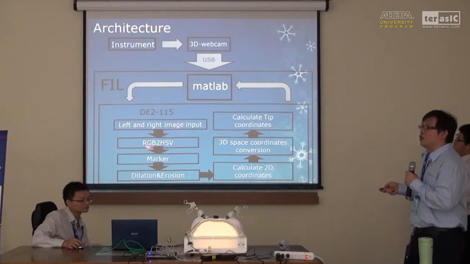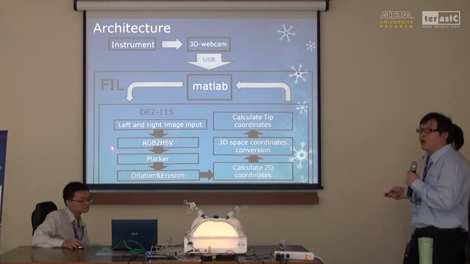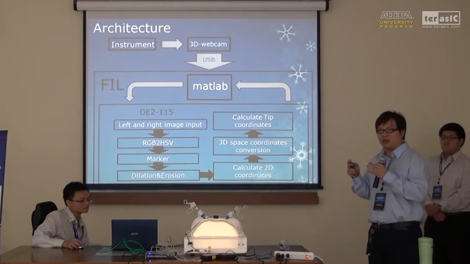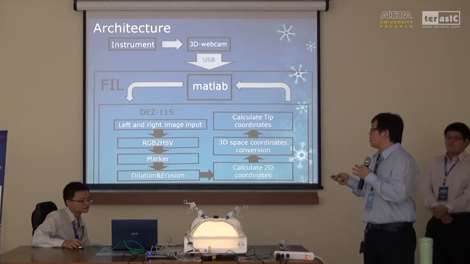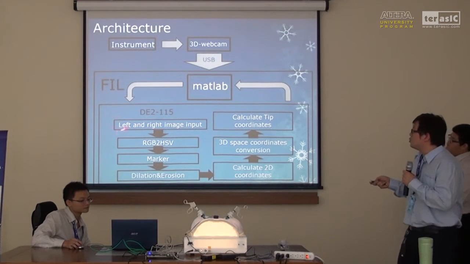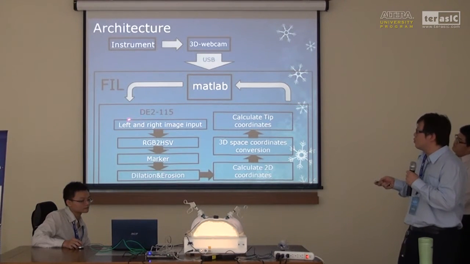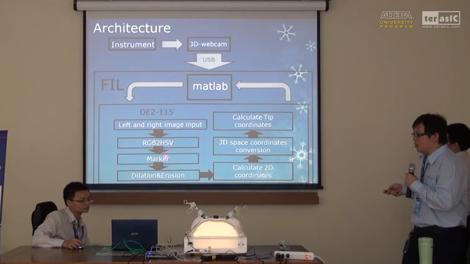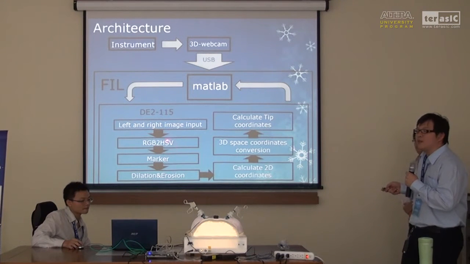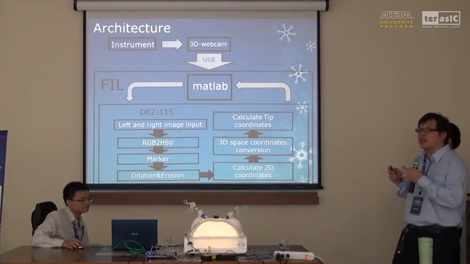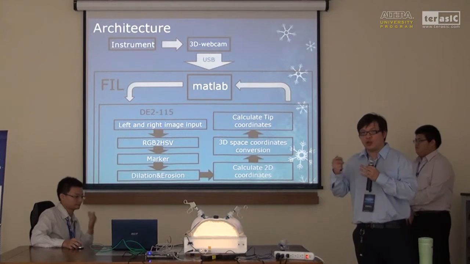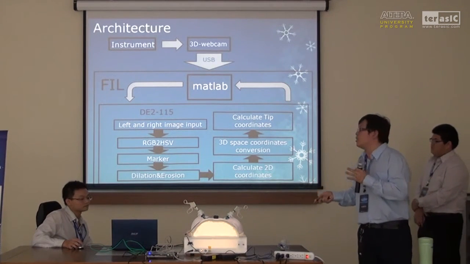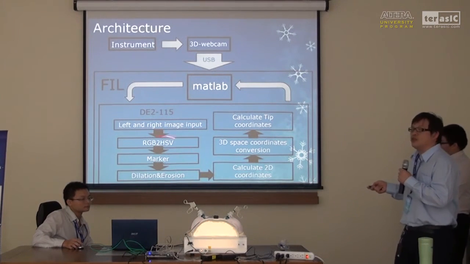First is RGB to HSV, then finding the mark. For these two parts, we want to reduce the calculating time, so we use a pipeline. And also there are two image inputs, so we use parallel calculating in this part. Then for this part, some blocks in Simulink can generate HDL code directly, but the dilation and the erosion part cannot.